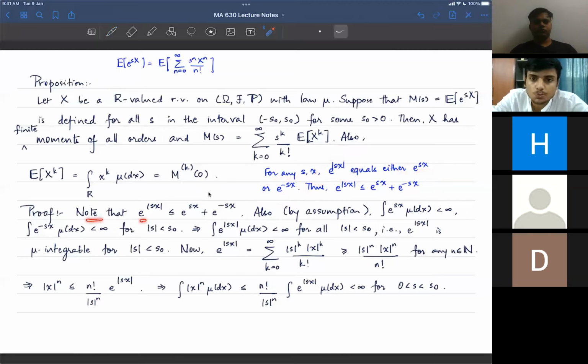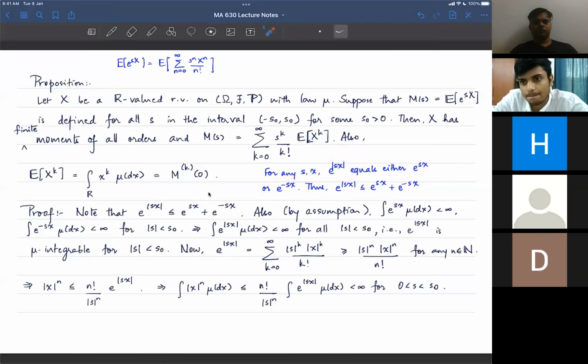So note that e to the absolute value of Sx is less than or equal to e to the Sx plus e to the minus Sx. Also by assumption, the integral of e to the Sx d mu is finite, and the integral of e to the minus Sx d mu is finite for mod S less than S0. I'll just leave it to you to play around with this a little bit. Here there is Sx and here there is minus Sx, but remember in some interval around 0, these are finite. So what you get is that the integral of e to the absolute value of Sx d mu is finite for all mod S less than S0.